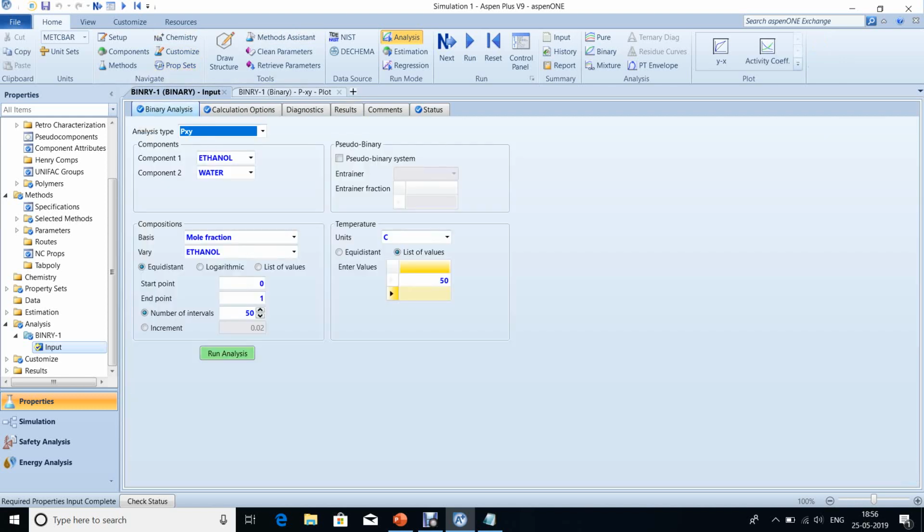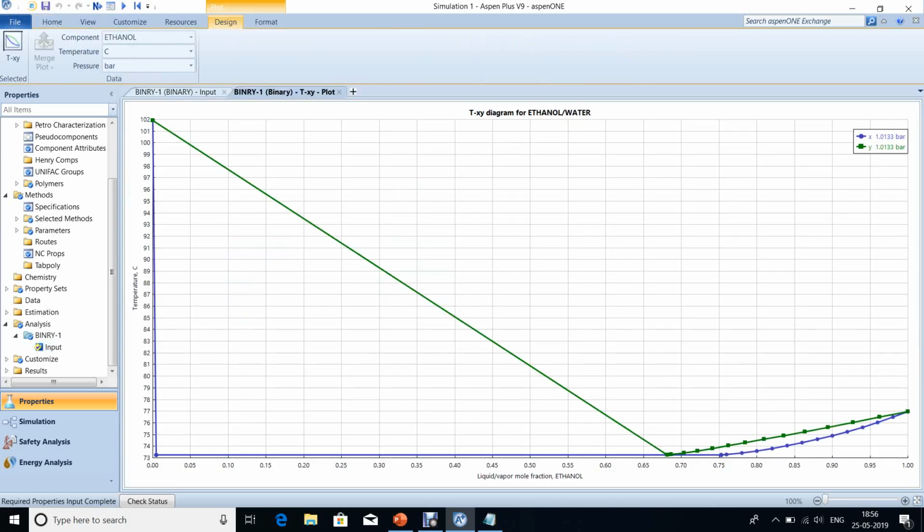Binary analysis. If I just click 25 degrees Celsius, and better, I will just take Txy and our very normal condition. If I run the analysis, the diagram is something different again.